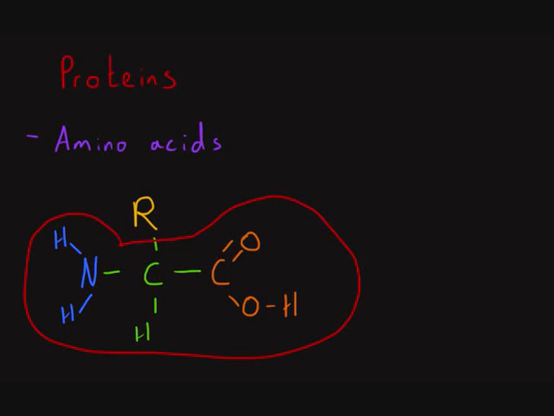Whereas up here, this is the bit that varies, and this is the bit which determines what different amino acids are. There's a huge variety in these, and later on, as we'll talk about, it's the R group that has an impact on much of the structure of the final protein molecule.